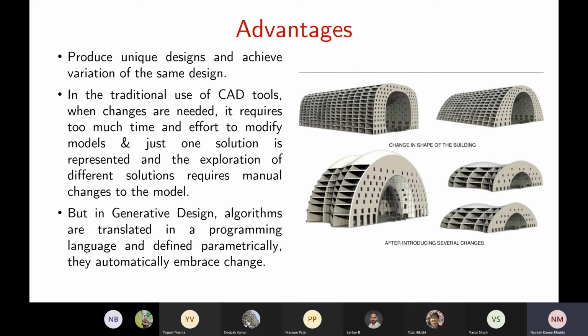You can keep on doing this till you are getting satisfied. Okay. And so you can see this is the simple initial shape, and then after several changes, you can see that it's aesthetically beautiful, and maybe it is optimizing whatever the input constraints and initial conditions that you have given.